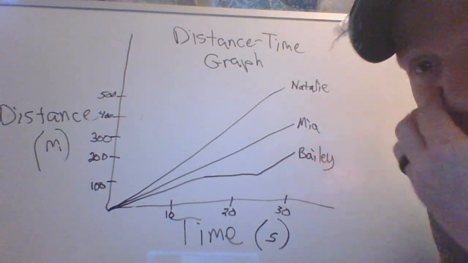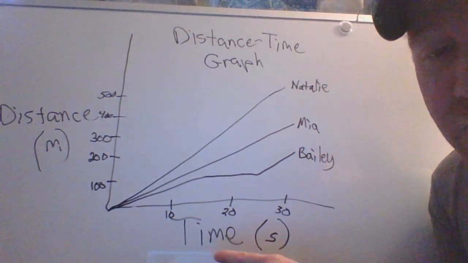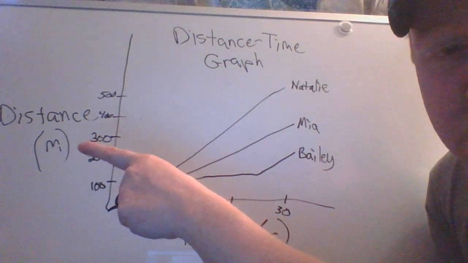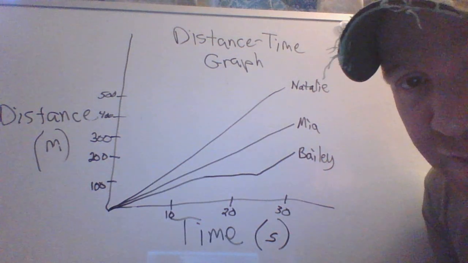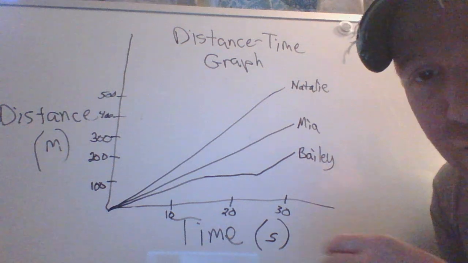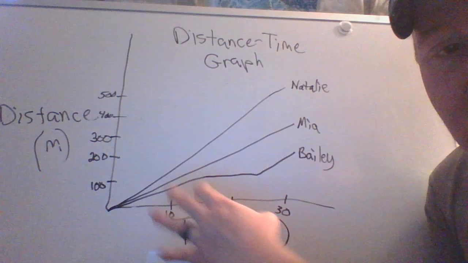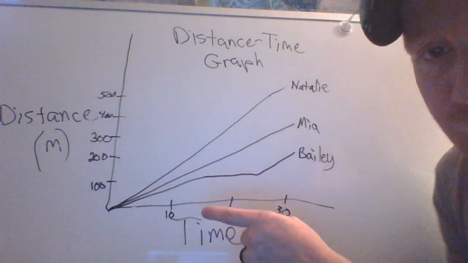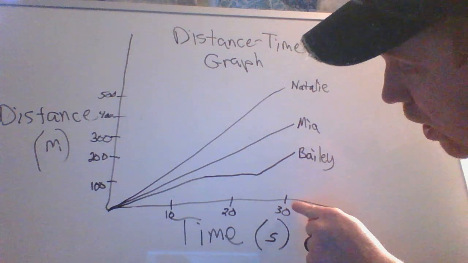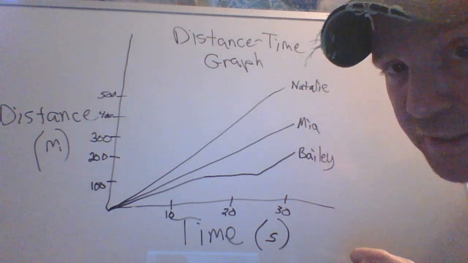These three objects are running, let's say. They're covering a distance in meters over a particular amount of time. You'll have to forgive the messiness. I tried to do this quickly, but to have it make sense. It's got a title, it's got all the labels that we need. And what's it showing? Well, it's showing that they're all running for approximately, it's not perfect, but approximately 30 seconds.